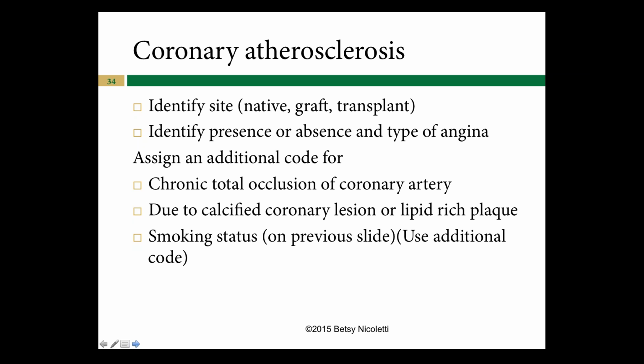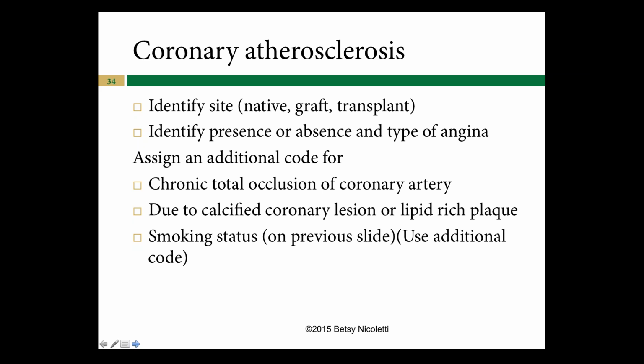So that's a place where we would be now, if we have the time, updating the problem list to the more specific code in ICD-9 so that when we see that patient in October, we can have a specific problem in ICD-10. And then we identify whether the patient does or doesn't have angina and assign an additional code for chronic total occlusion due to calcified coronary lesion and for smoking status.